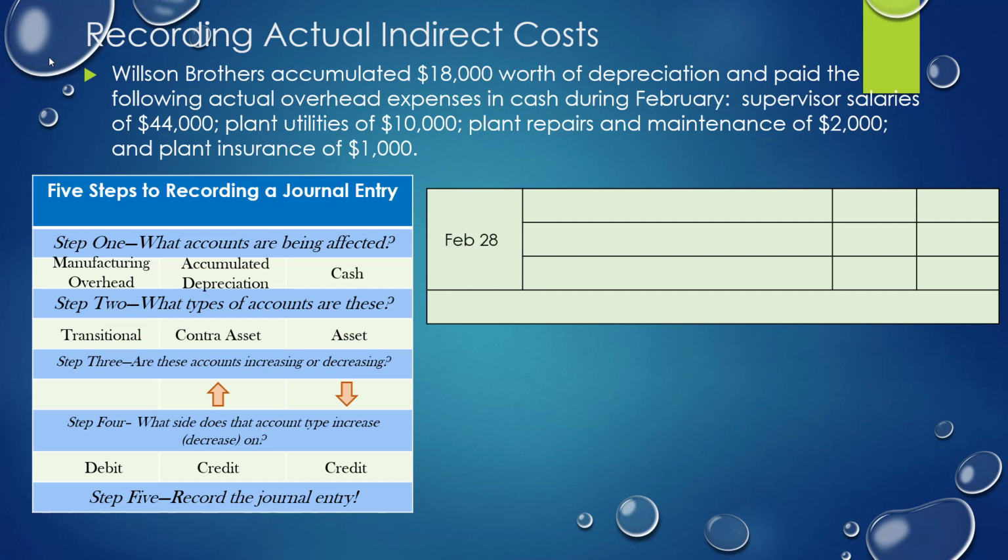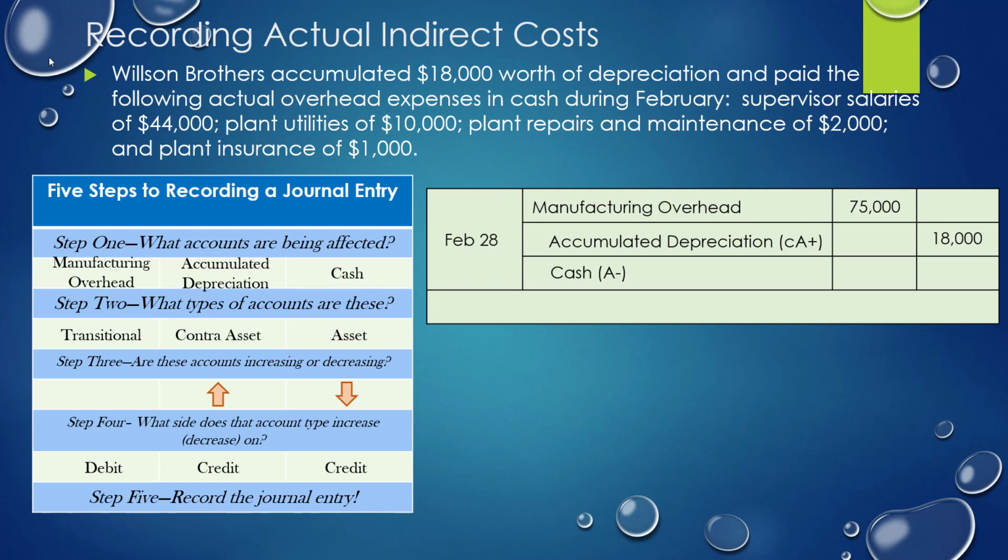So on February 28th, when we record our actual expenditures, we're going to have a debit to manufacturing overhead for the total amount of all of these costs that we have above us, which adds up to $75,000. We're going to credit accumulated depreciation for the $18,000 of accumulated depreciation we experienced during the period.